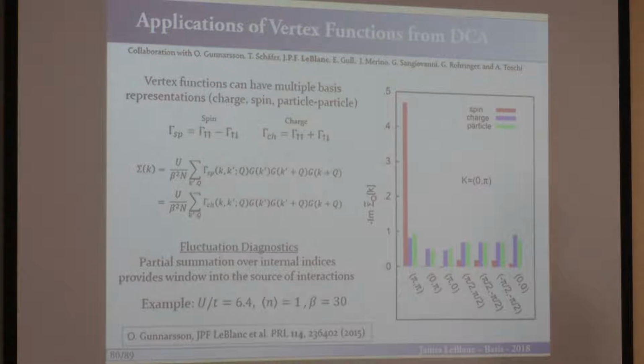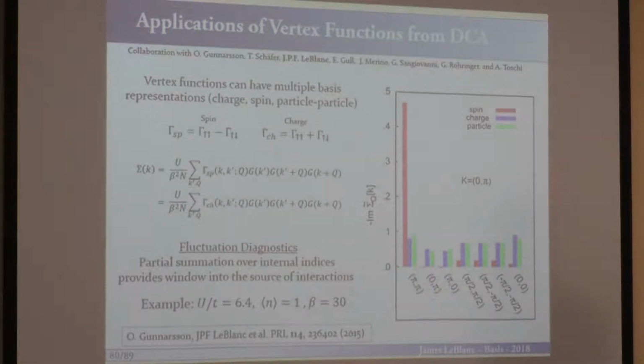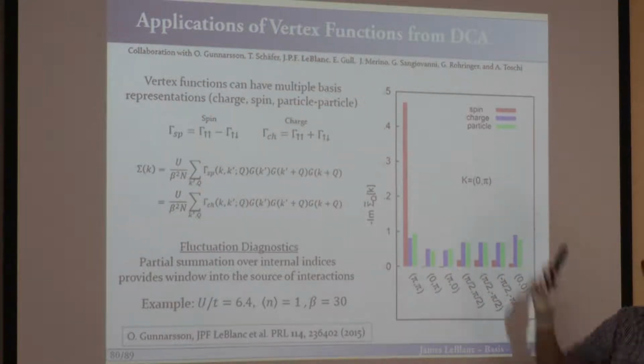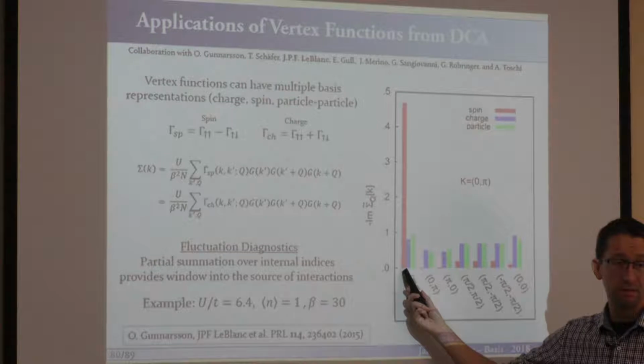Okay? So it becomes pretty clear that the source of the self-energy, it's not that it can't be a charge excitation that causes this pseudogap. It's not that it can't be a particle-particle excitation that causes the pseudogap. It's that a spin excitation is a well-defined mode. Okay?